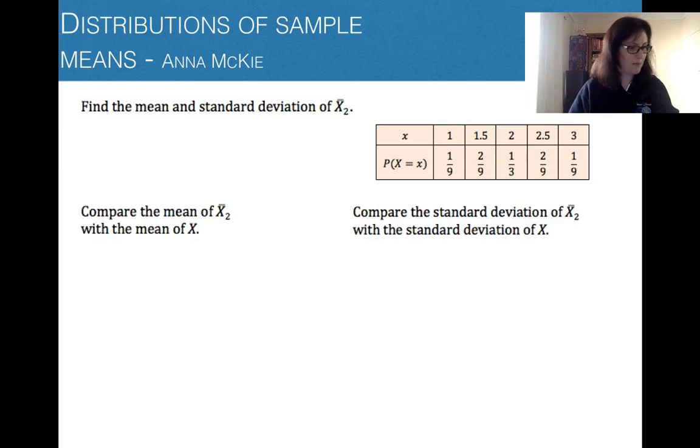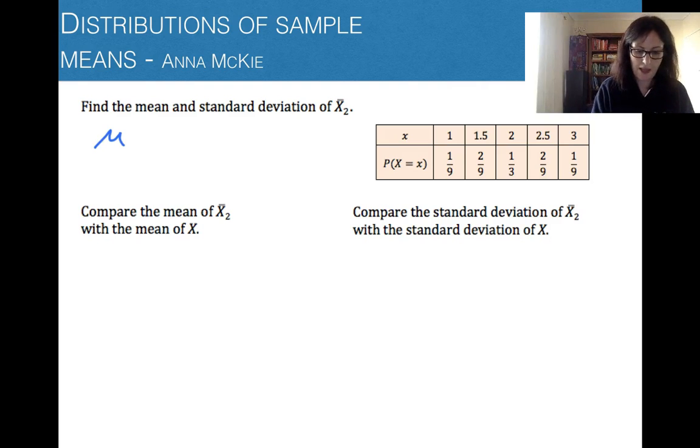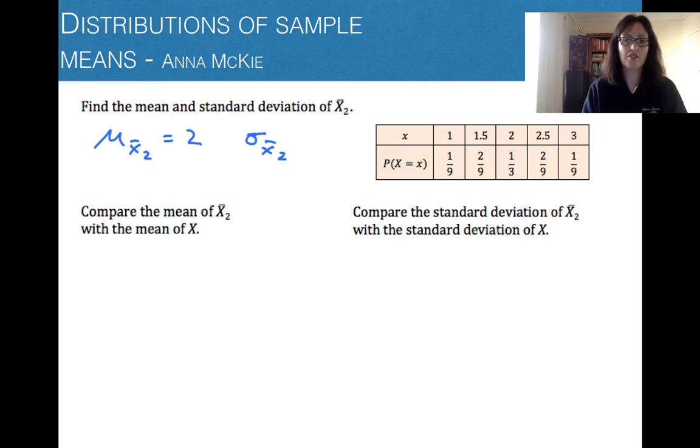So we'll write them down. Our mean, and sometimes we write that with a few subscripts here, the mean of x bar 2 was 2, and the standard deviation of x bar 2, so the standard deviation of 2 spins and the average of that, is 0.577.